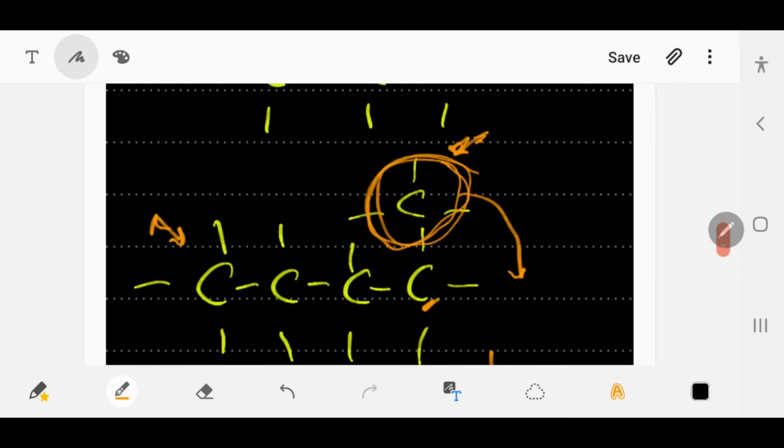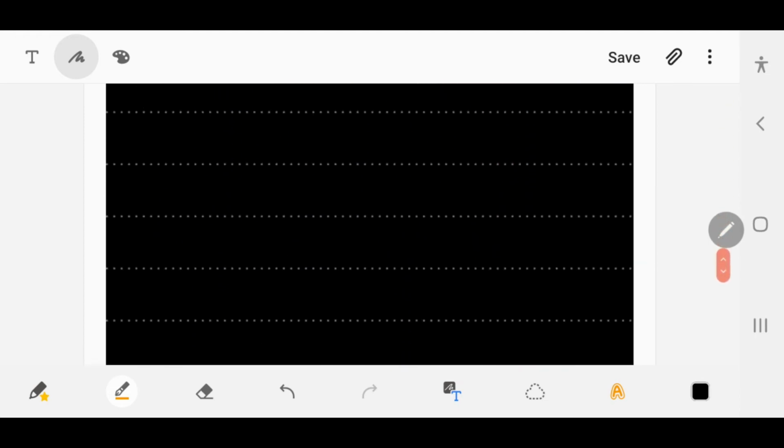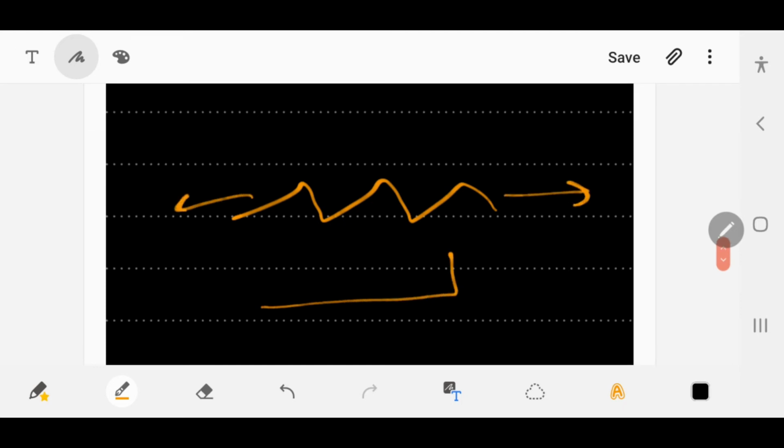So you can imagine it like this: if you have a chain, or this way, if you stretch it, it will be straight. This is the same thing. If you stretch this one from here, it will be the same.